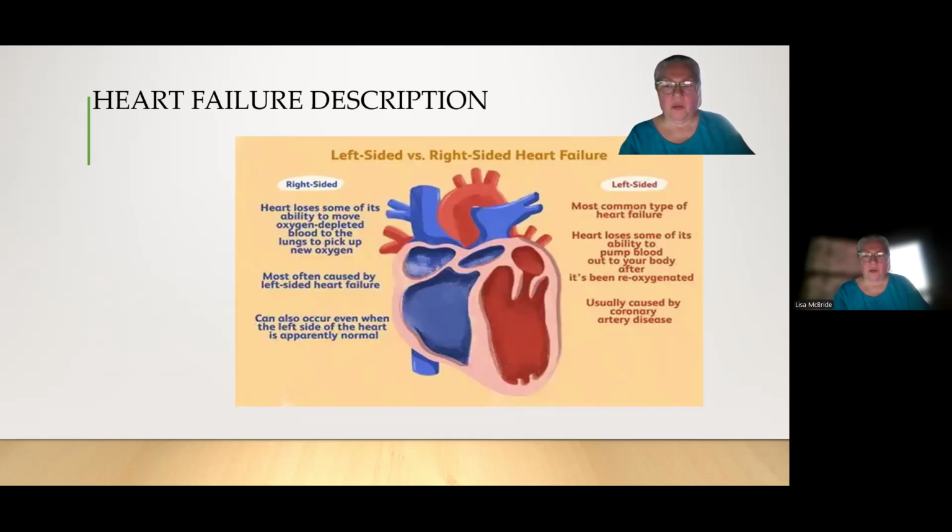So, what happens when we have bad heart failure and we're not able to perfuse the body? We do have some mechanisms that come into play. First of all, our sympathetic nervous system will try to release epinephrine and norepinephrine in order to increase the heart rate, which we see as tachycardia. And then we'll see contractility also increase, trying to get the blood out of that left side of the heart.